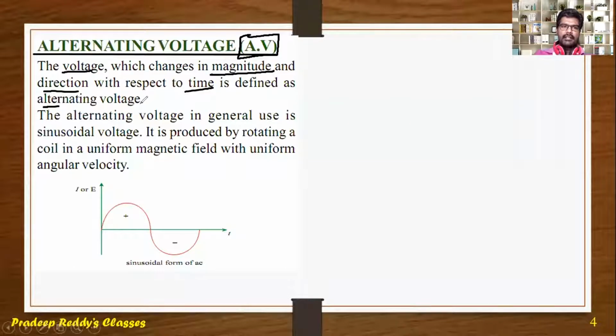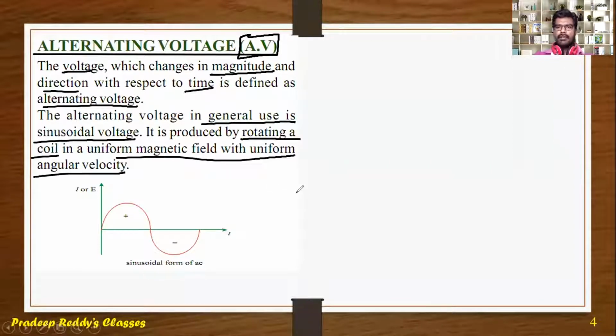The alternating voltage in general use is sinusoidal voltage. It is produced by rotating a coil in an external magnetic field with uniform angular velocity. As a result, there will be some maximum value and some minimum value.